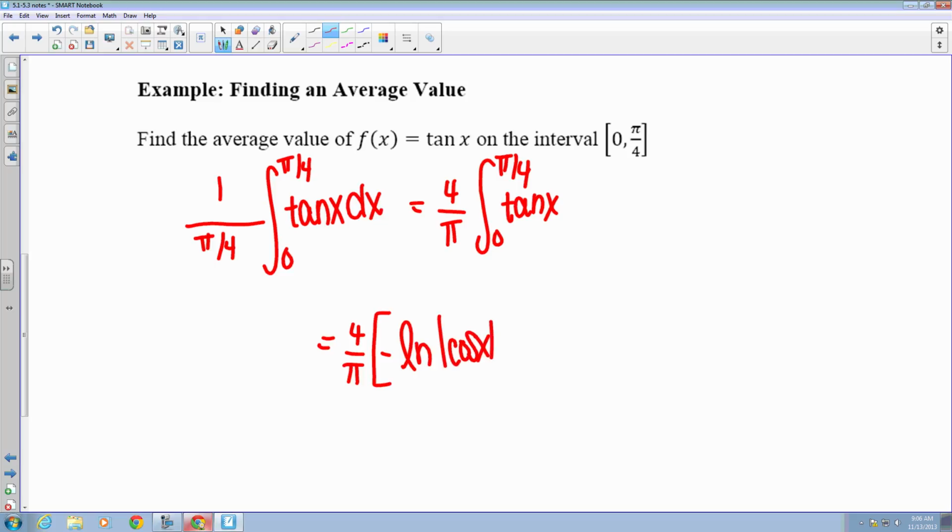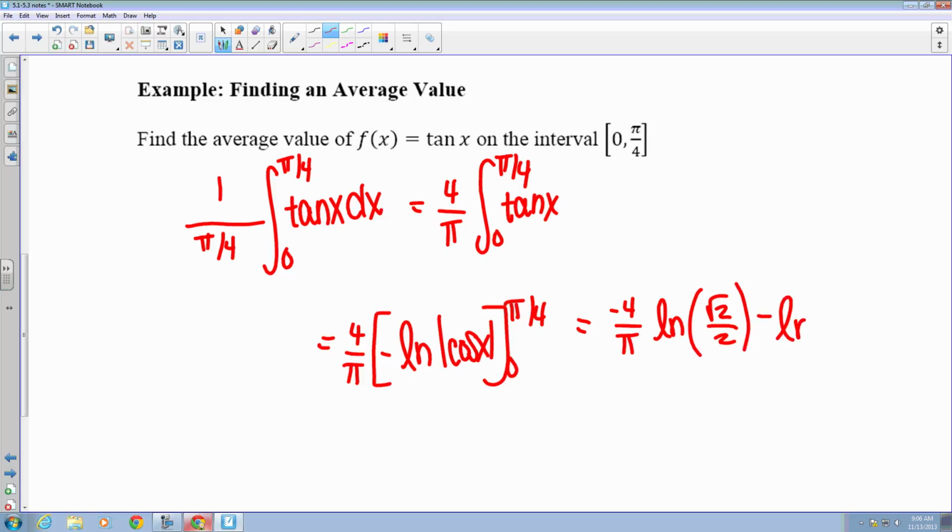We just showed you that one too. Evaluated from 0 to pi over 4 is negative 4 over pi times natural log of the square root of 2 over 2 minus natural log of 1, which is about 0.441.